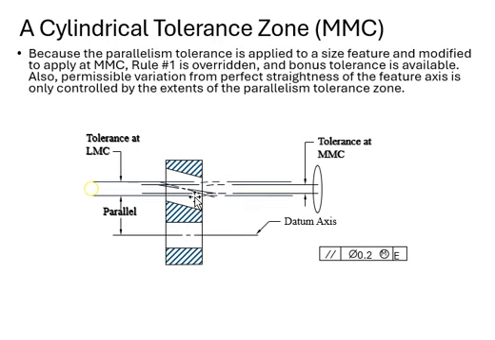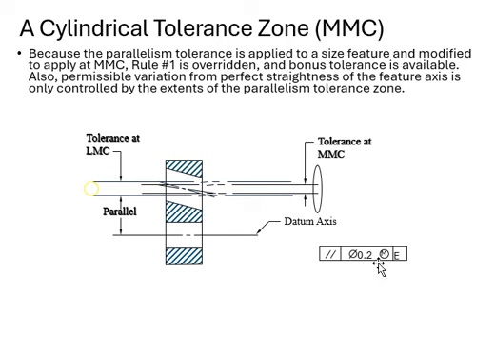Try to keep it within that zone, okay? And make sure you understand that your tolerance zone is identified as a cylindrical tolerance zone, not just a regular parallel one. So the parallelism tolerance between here and there is applied to your feature size.